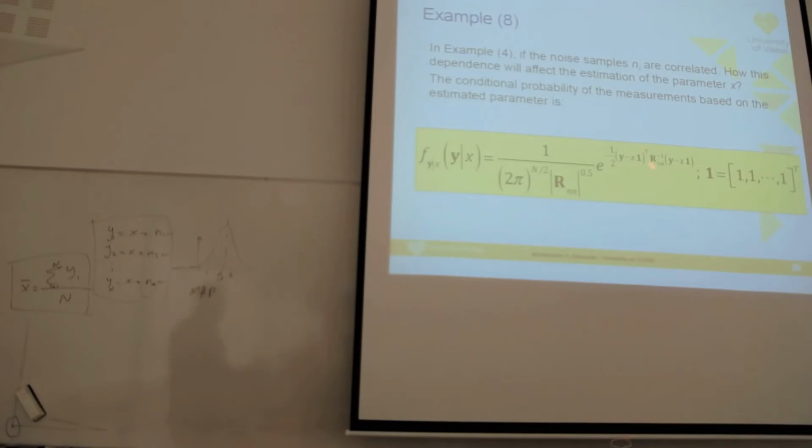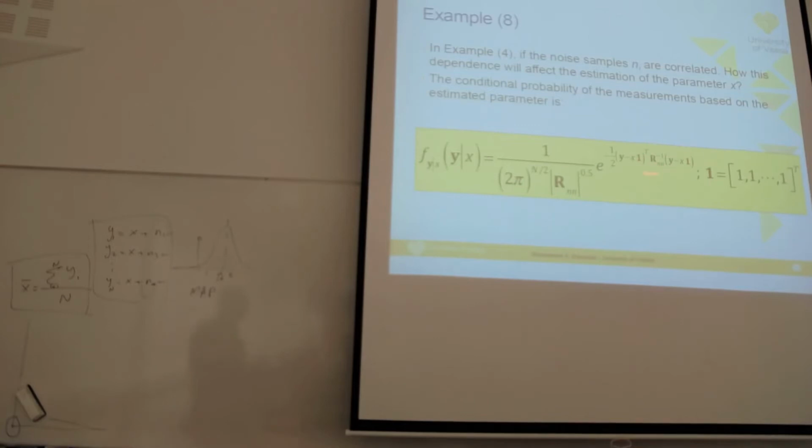And here we have the covariance matrix of the noise, and here we have the inverse of it, and here we have y minus, actually this should be the mean of x, the average.